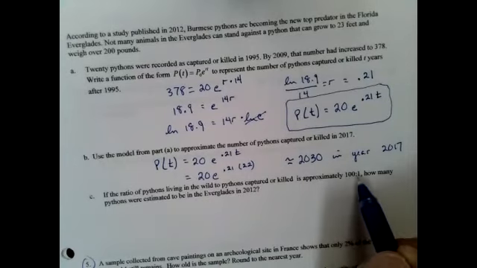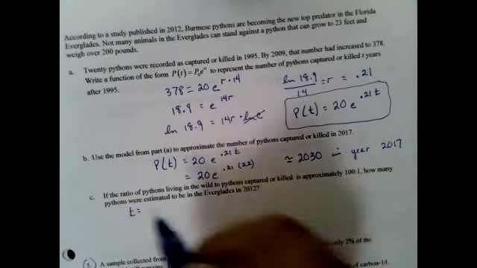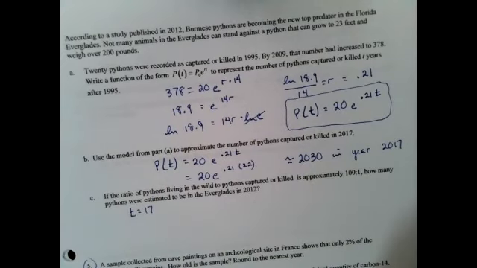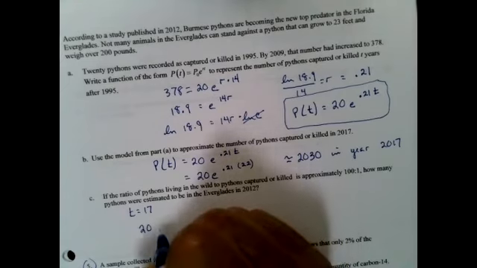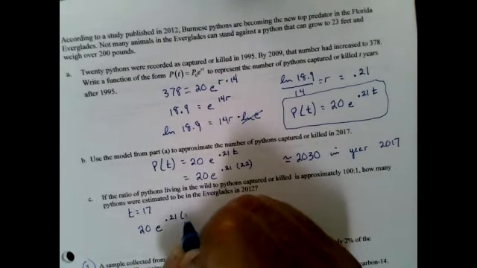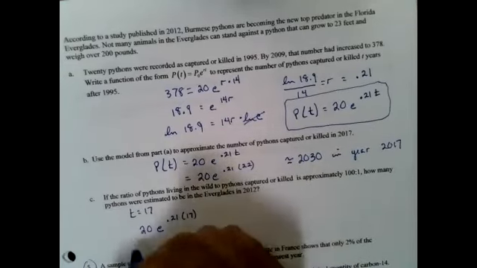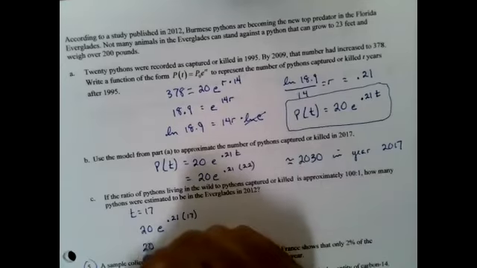2012. Let's see, t is going to equal 17. So 17 goes into my equation: 20 times e raised to the 0.21 times 17 power. Now I can do that on my calculator.